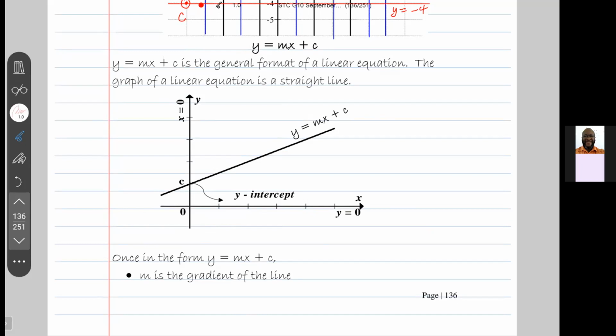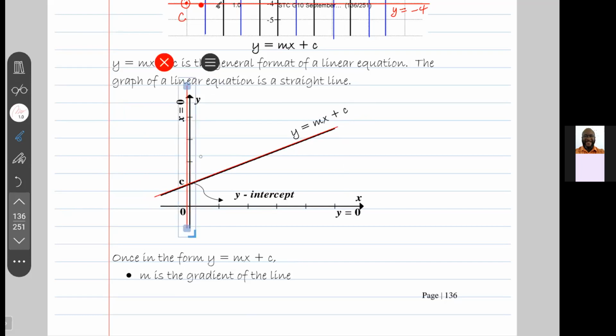The point where the line cuts the y-axis is called the y-intercept. The point where this straight line cuts the y-axis is called the y-intercept. Now, the y-axis is the vertical line.